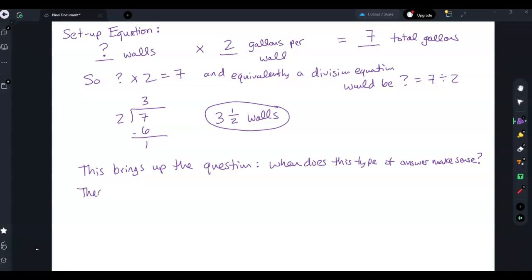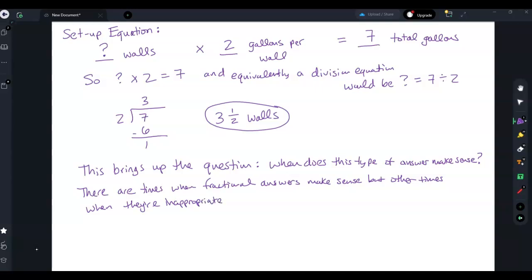So there are times when fractional answers make sense, but other times when they're inappropriate.